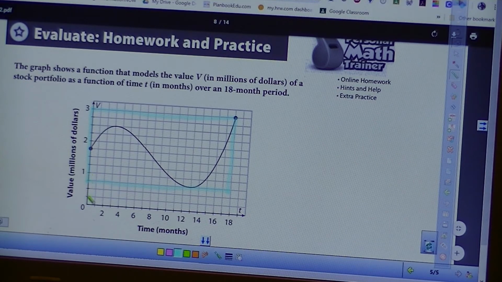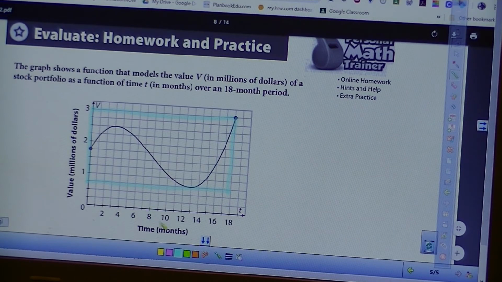That's 1, so that should be 1/4, 1/2, 3/4, 1, or 0.25, 0.5, 0.75, and then 1. Okay, so right here would be the bottom of my range, and then here would be the top of the range, because that's as far up as it goes.